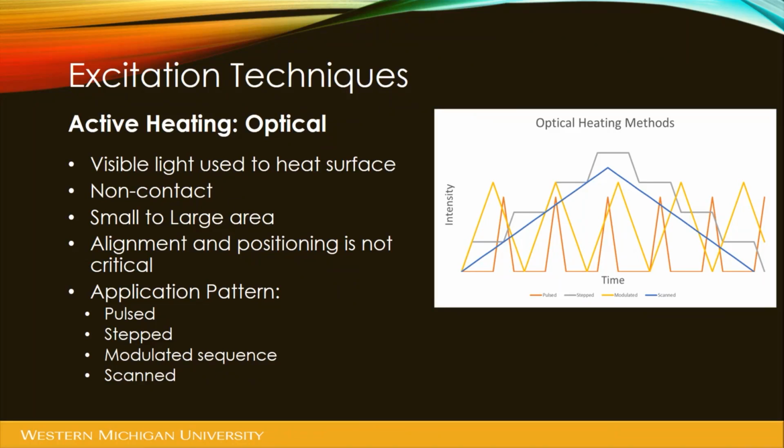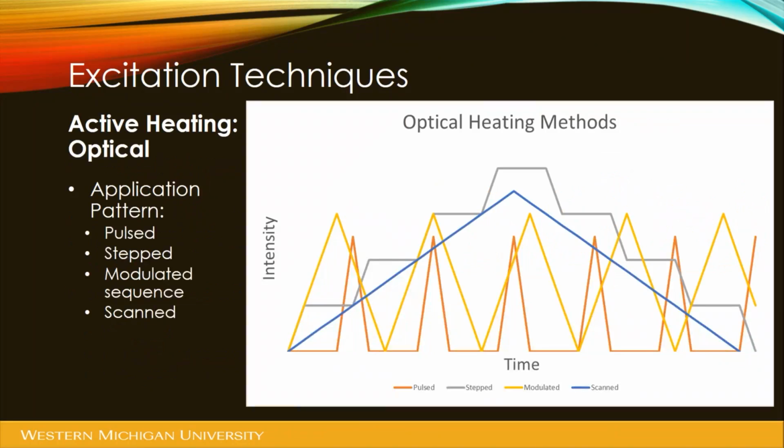So the first one is pulse. Let me go to this next page. So pulsed is shown here in orange. So light comes on, light shuts off, light comes on, light shuts off. It's almost like blinking. Now this can be really fast. This can be fractions of a second. You can see it's almost like a strobing effect, where the camera's taking pictures between the strobes, between the flashes, between the pulses.